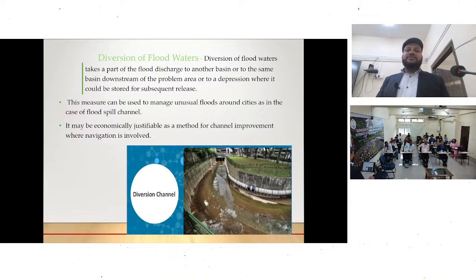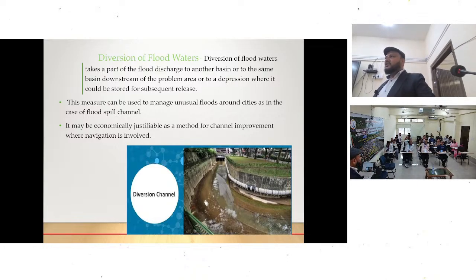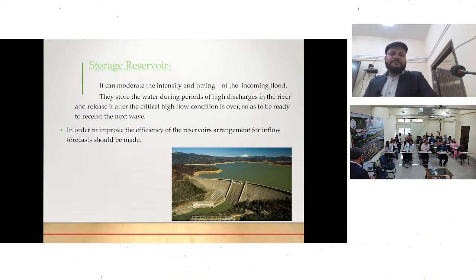The measure can be used to manage unusual floods around cities in the case of a flood spill channel, and it is also economically justifiable as a channel improvement where navigation is involved. These are done in European countries basically. They do these things for navigation also. Small boats run on these channels also. They serve flood protection.